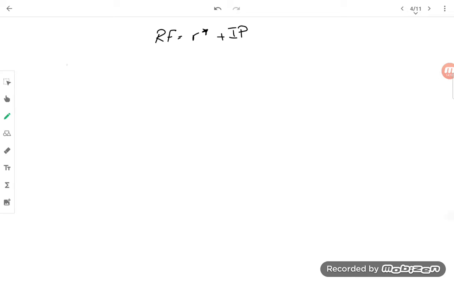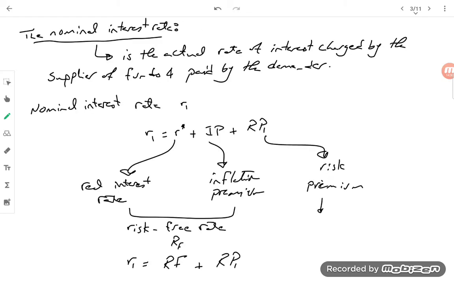So the more inflation is expected, the higher the inflation premium and the higher the nominal interest rate. Okay, once again, the higher the expected inflation, the higher the inflation premium, and the higher the nominal interest rate.